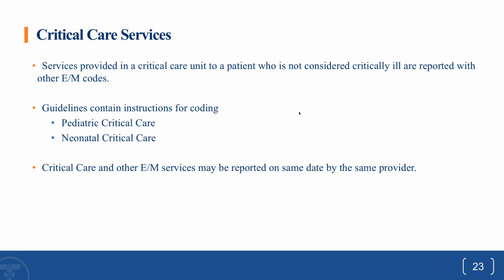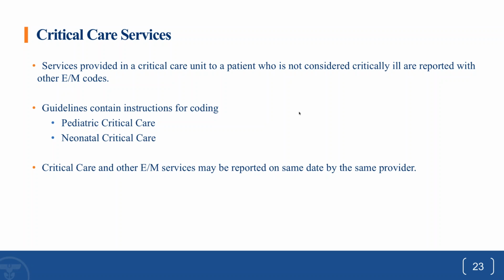I don't want to get too deep into it now. I'm pretty sure we have a question we're going to go over when we do that part of the review, and then I'll be able to explain it. But just remember, everything's wrapped up into the kids' codes when they're having their services rendered in ICU. But if the kids end up having to have critical care in the emergency room, they're going to have to use the adult critical care codes.